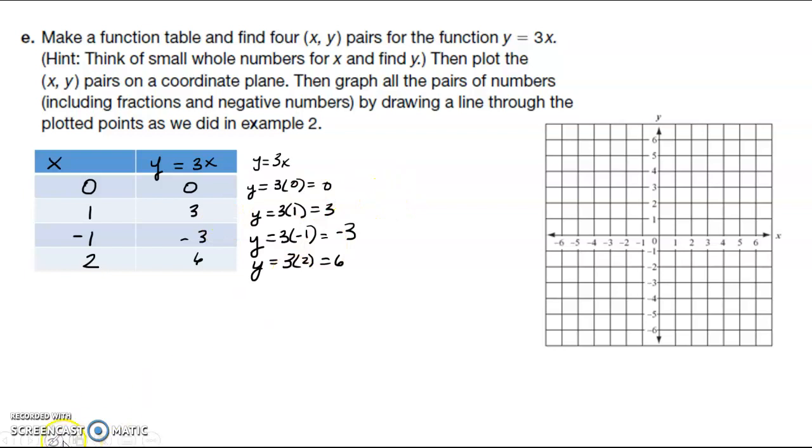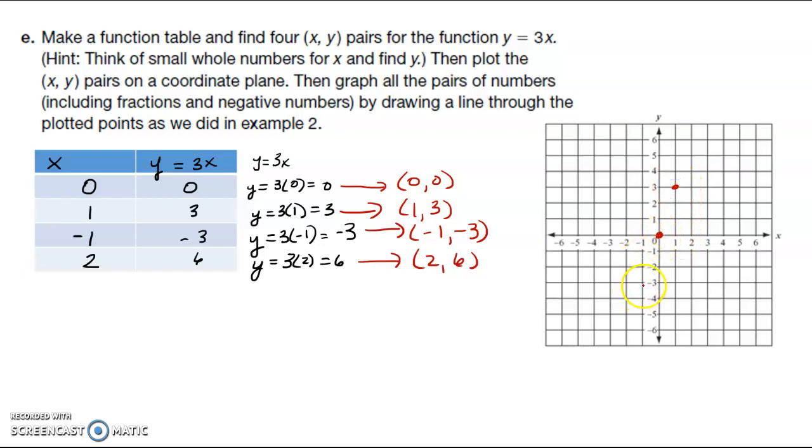So let me change colors. My points are 0, 0, because I'm taking them from here. I have 1, 3. I have negative 1, negative 3. And I have 2, 6. So let's plot these. So 0, 0 is right here. That's our origin. 1, 3 is there.